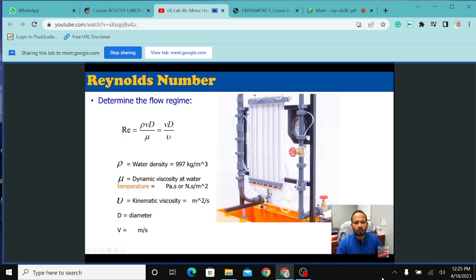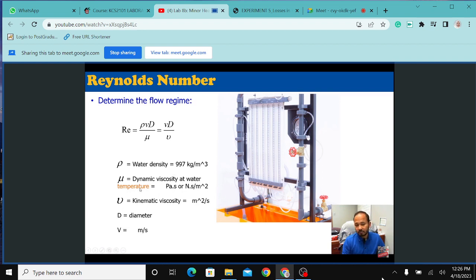Okay, so Reynolds number. Again, for this type of flow, we can also find the Reynolds number using the same theory that we covered for lab 8A. We know the water density.